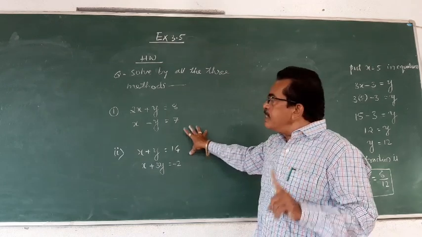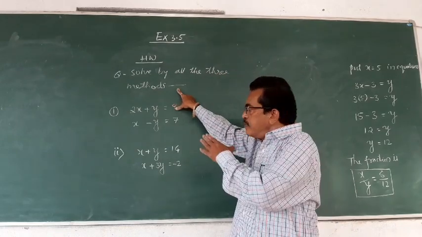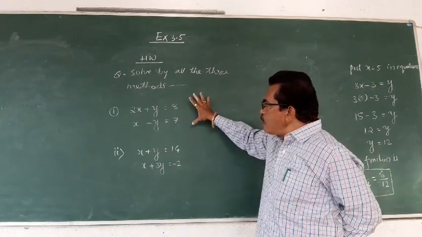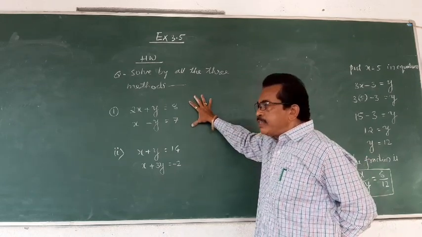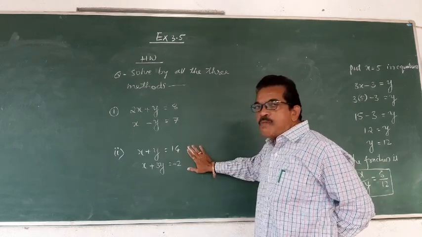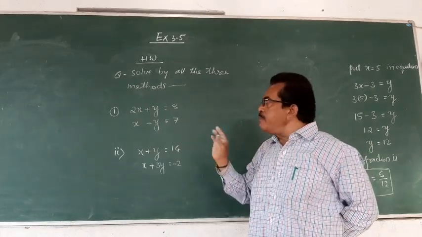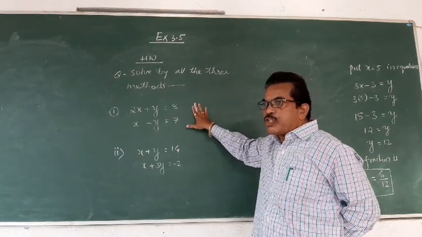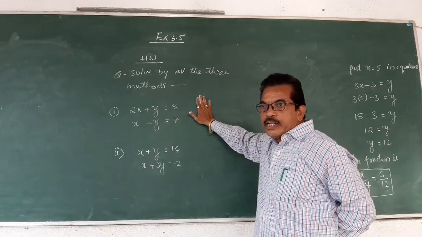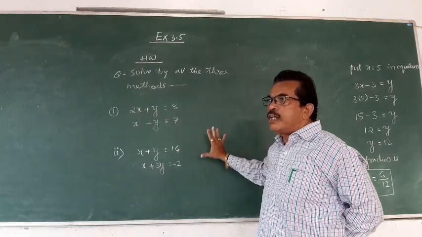Solve these pairs of linear equations by all three methods: three problems from one, then another three from the second, so totally you have to solve 6 problems. First by substitution method, second by elimination method, third by cross multiplication method. For every problem you have to use all the 3 methods.